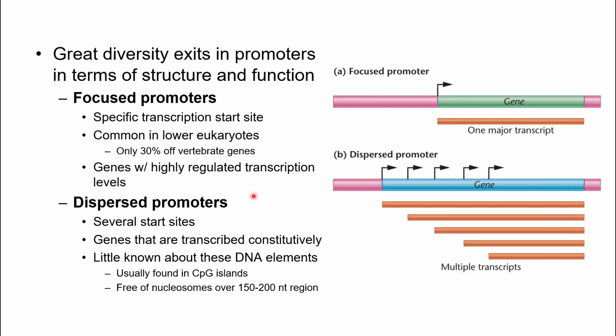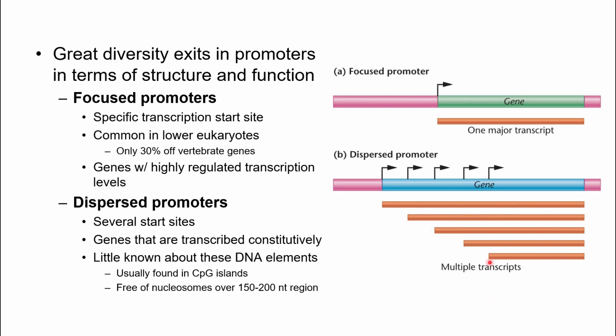In vertebrates, not as many of our genes are actually focused promoters. We have a lot more dispersed promoters. That being said, we understand focused promoters far better than dispersed, because dispersed promoters have several start sites. And depending on where the RNA polymerase starts, you're going to get multiple transcripts that can be made. We don't fully understand this.